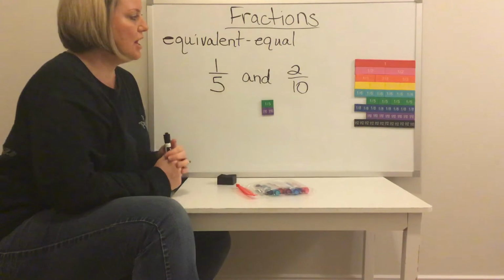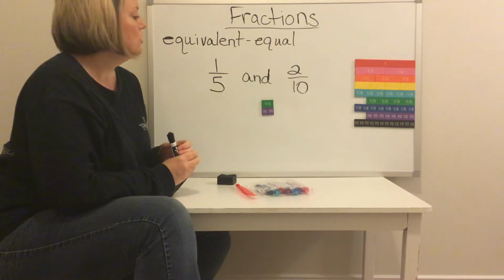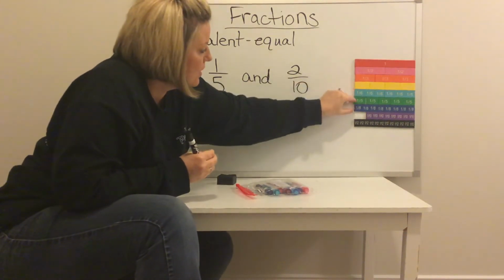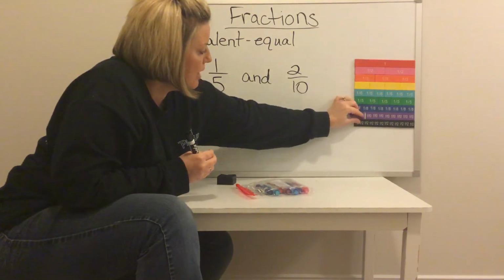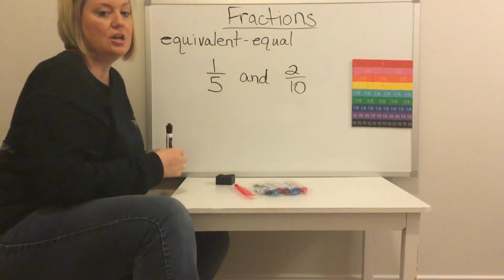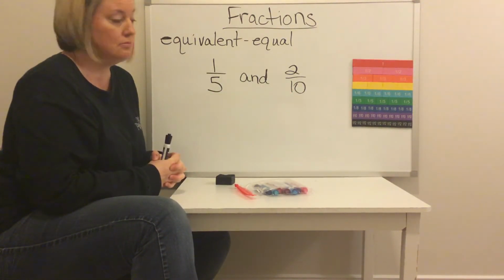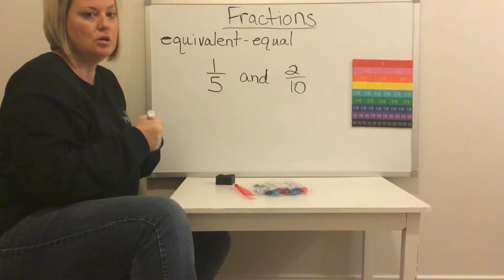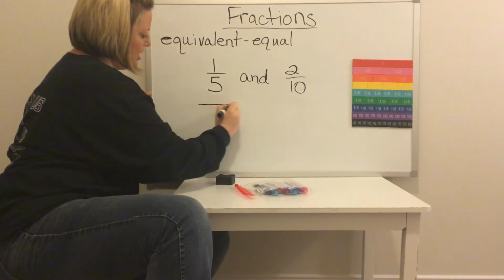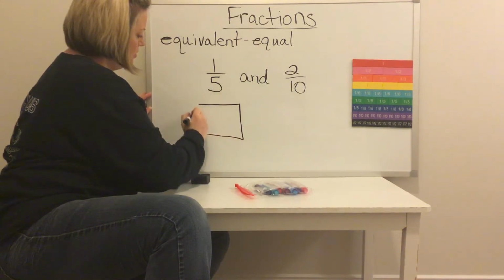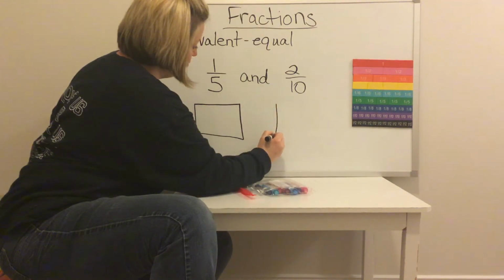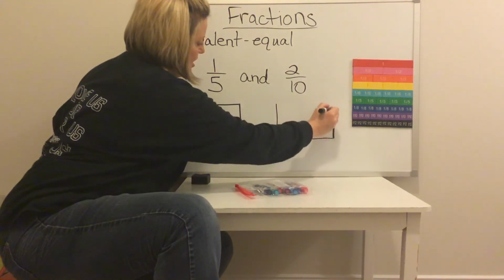Now, what if you did not have fraction strips to help you see those two fractions? What you would need to do in order to compare them is draw two figures, one for each fraction, of the same size, okay, but just broken into a different number of pieces. So let's do a rectangle for the 1/5 and a same size rectangle, as close to the same size as you can get it.